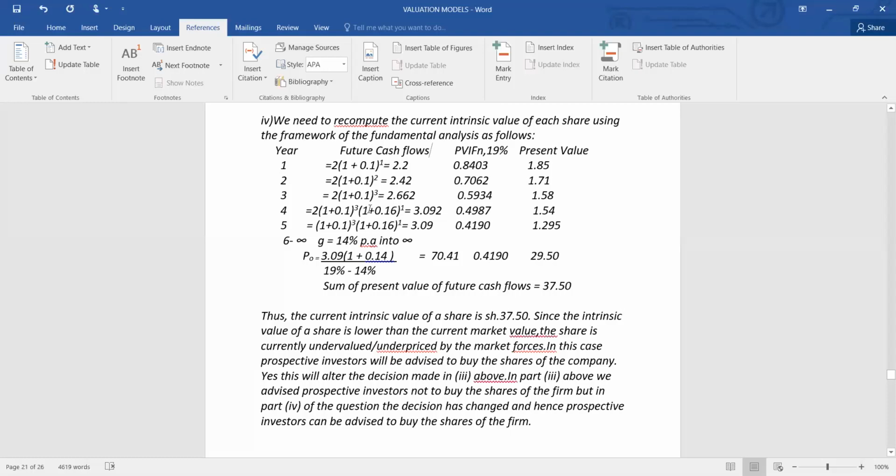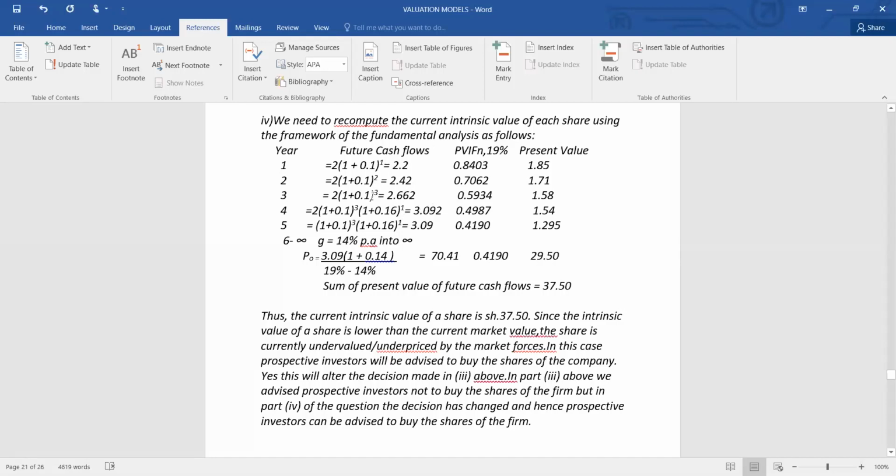When you come to year 4, now the growth rate, year 4 and 5, is 16%. Suppose you take 2.662 times 1.16, I think you'll get the answer straight away. 2.662 times 1 plus 16%.